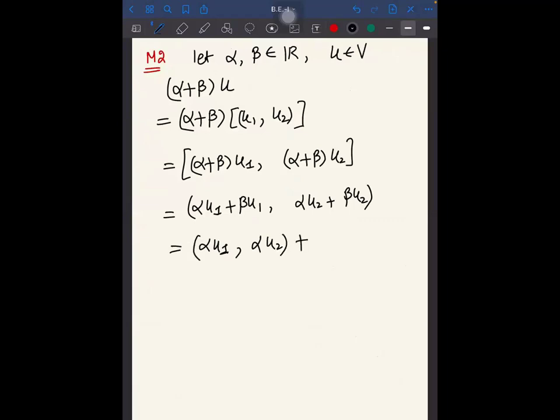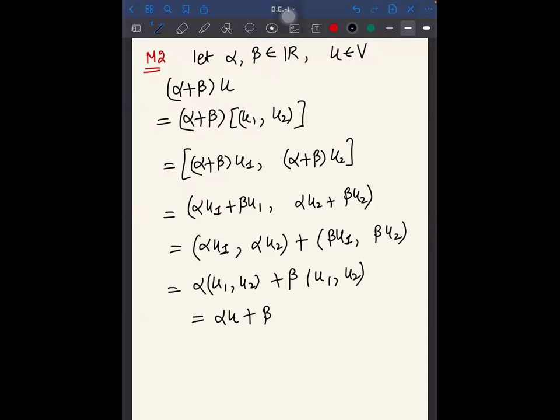So break it component wise, beta u1, beta u2. So can I write it as alpha u1 u2 plus beta u1 u2? So that will become alpha u plus beta u. Yes, सही है? Is it okay? Yes, sir. ठीक है, आसान है?